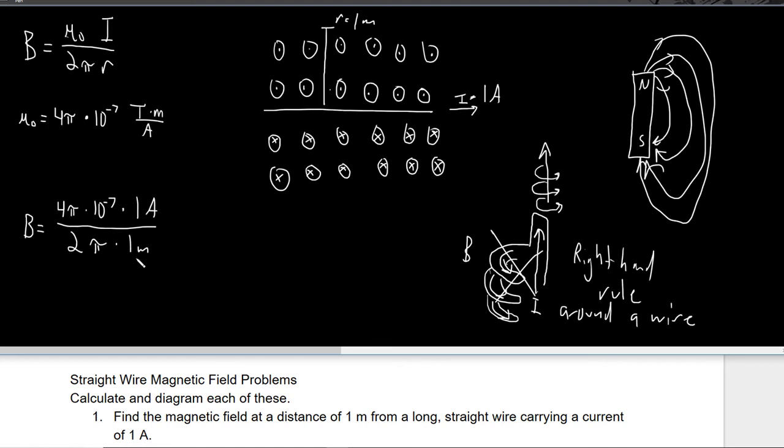Probably should have put the units in there. So let's put the units in for the permeability of free space: Teslas meters per amp, just so I can do some unit analysis. Amps cancels amps, meters cancels meters, pi cancels pi. 4 over 2, that's going to be 2.